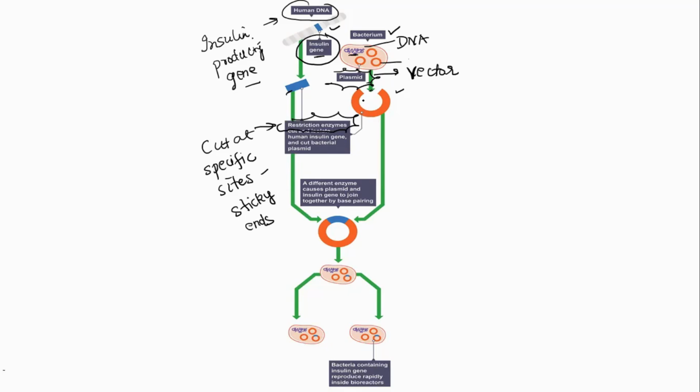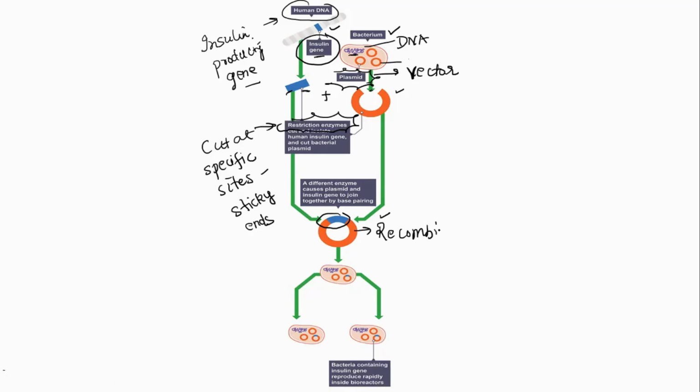Okay, and now you are going to mix the gene of interest, which is the insulin producing gene, with the plasmid and the restriction enzymes. Okay, now in this step, you can see this blue part is inserted into the red plasmid. All right, now this generates a recombinant plasmid.